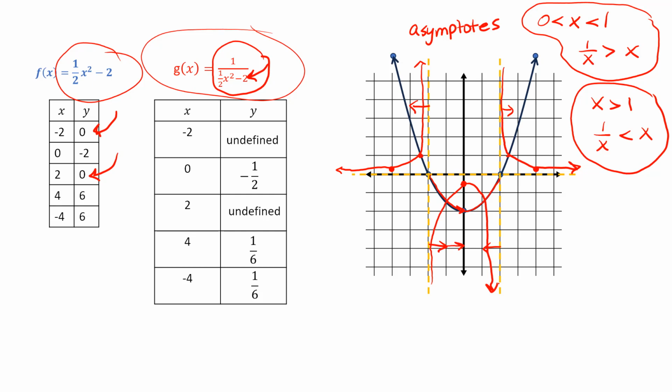Does it have any places that it can't go? So this whole idea of being able to look at an equation and figure out what the function's doing is a big part of what we're going to be doing in pre-calculus. So it isn't just a cut and dried process, but you can look at the original graph and get ideas about what's happening with the reciprocal function.